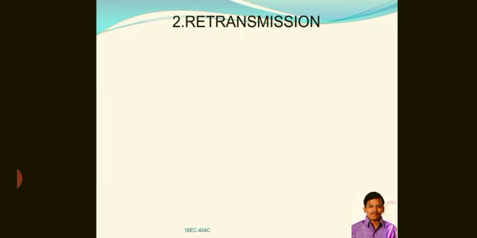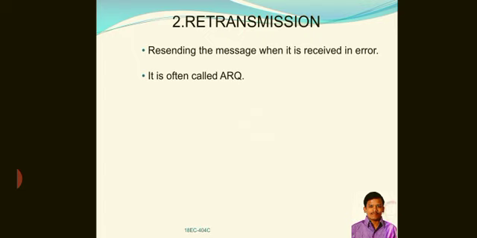Now the next, very simple error correction method is retransmission. Resending the same message whenever the received data is in error: the receiver asks for resending the same message, and this method is called ARQ, that is automatic repeat request.